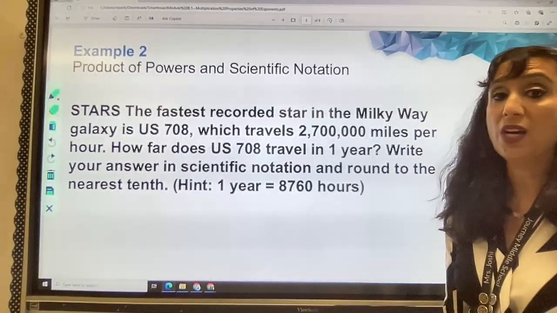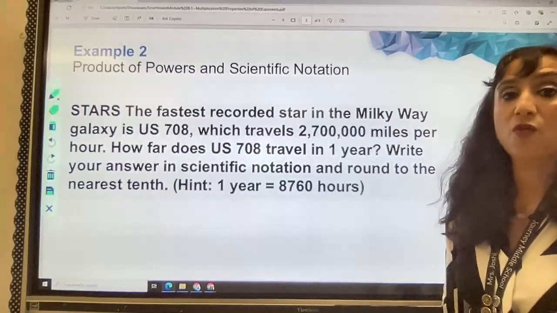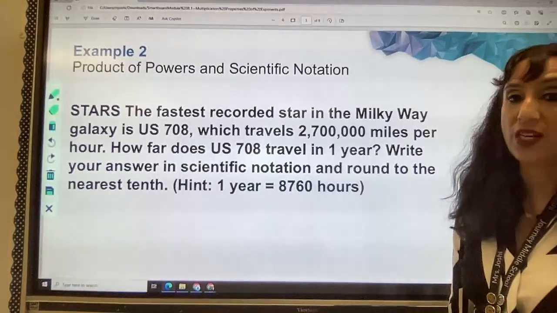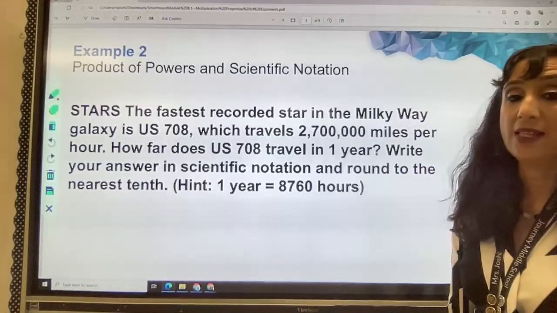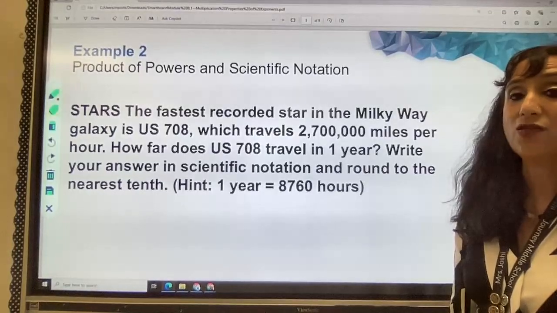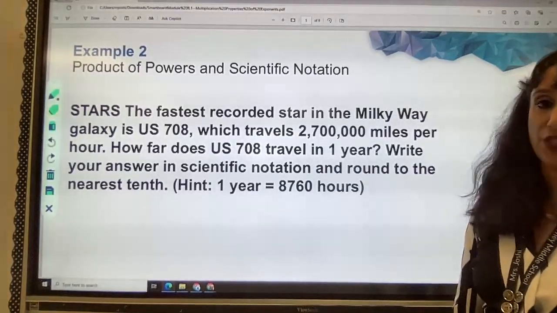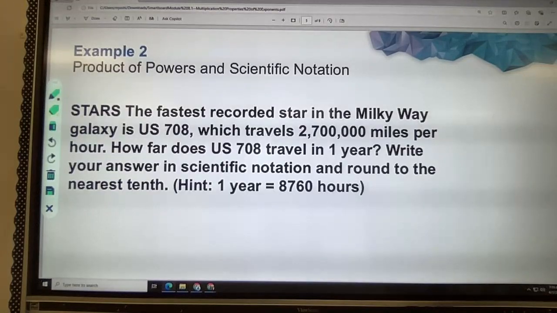How far does US 708 travel in 1 year? Write your answer in scientific notation and round to the nearest tenth. And it's giving you the hint that 1 year has 8,760 hours.